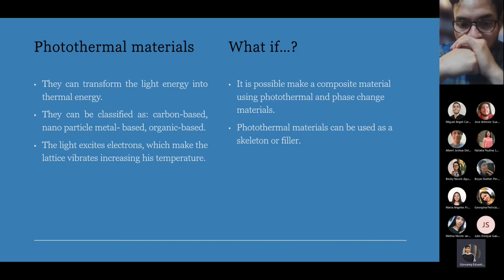And it's possible to make a composite material using these photothermal materials and the phase change materials. The photothermal material can be used as skeleton or filler to the phase change materials.